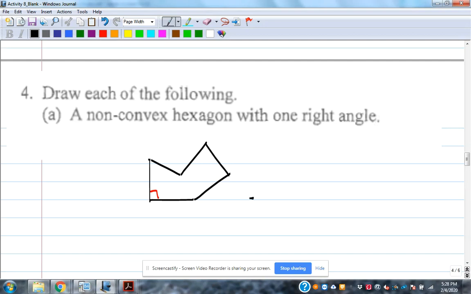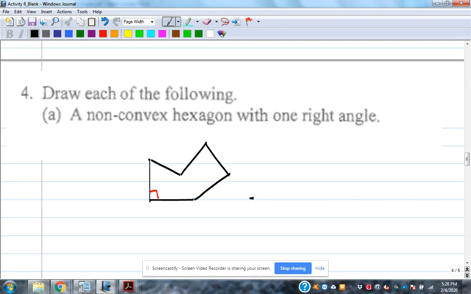Not the normal hexagon we're used to. We're used to seeing the nice, pretty, regular hexagon. That's the beautiful little picture. But here we're just trying to be creative and make that look weird. All right. B part says a concave pentagon with exactly 4 sides that have the same length.